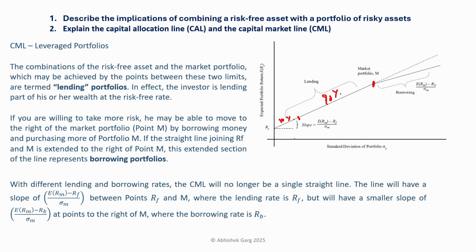In this case, you have lent 10% of your amount at the risk-free rate. This is your lending portfolio. It can be achieved by the points between these two limits. The investor is lending part of his or her wealth at the risk-free rate. So this is your lending portfolio.